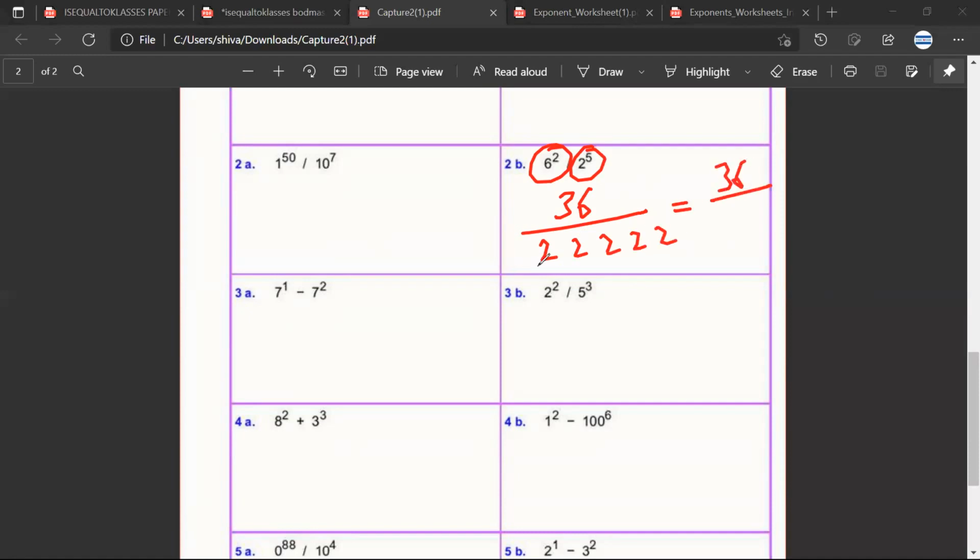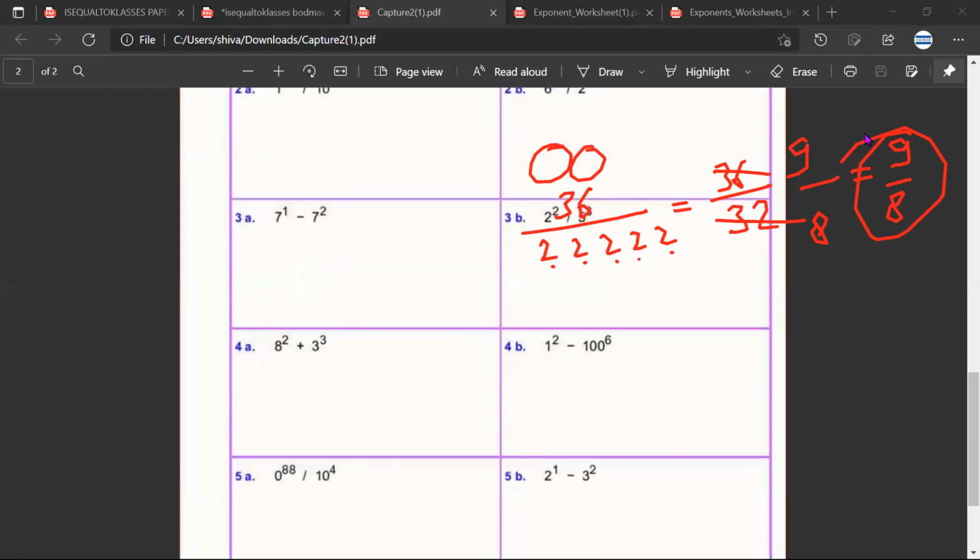This would be equal to 2, 4, 8, 16, 32. And you can solve this further. 4, 9 are 36, 4, 8 are 32, and the final answer would be 9 by 8. Any doubt? No, sir. You need to do these questions again.